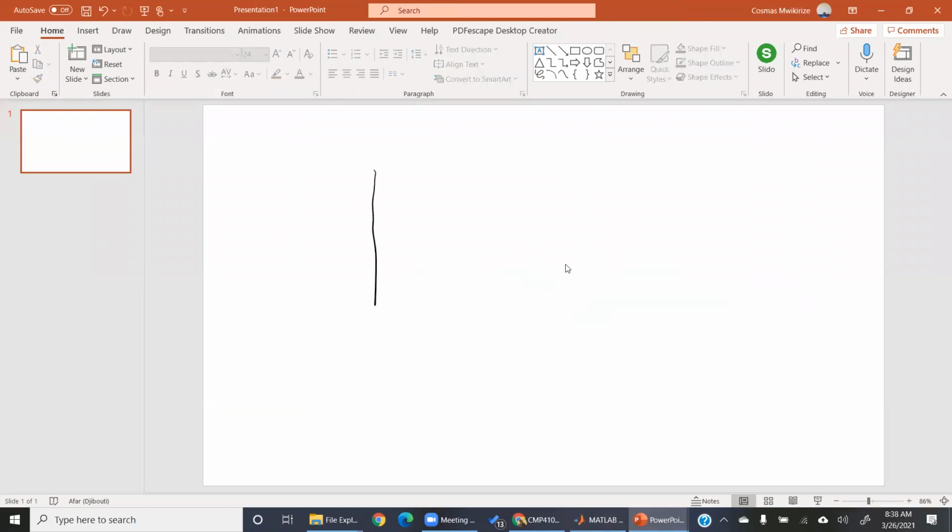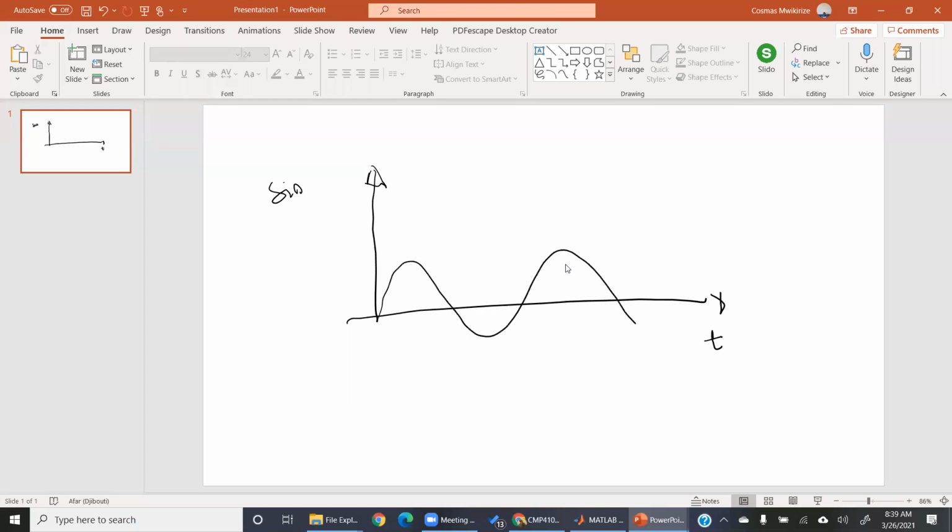All right, so this is what we want to do. So this is the sine signal, and this is the time axis. And so we want to plot something like this. It means we need to know what this time scale is going to be. So we need a start point and an end point.